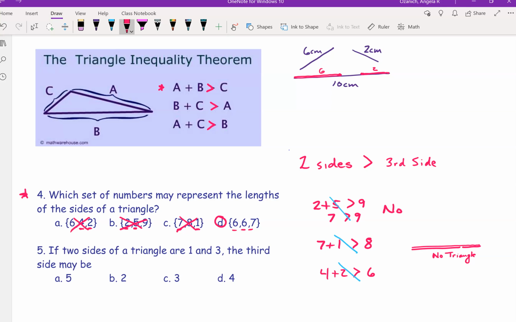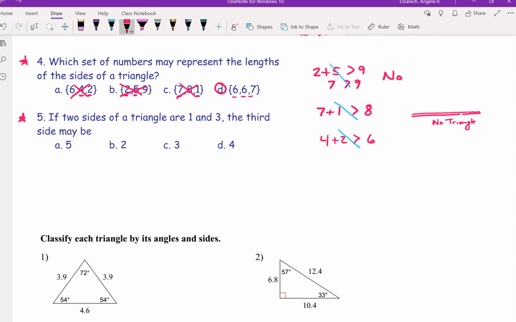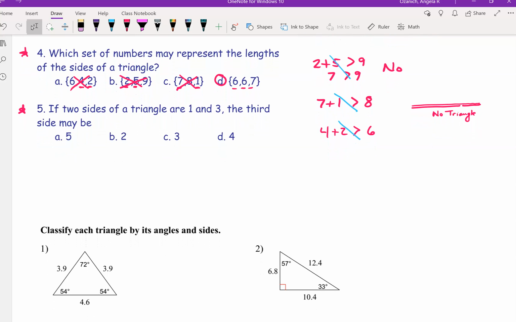Now, here's an interesting question. I really like this question. This forces us to do a bit of analysis of what the possibilities might be. If two sides of a triangle are 1 and 3, the third side may be dot, dot, dot, so we're picking from one of these. This is how you find the range of values for the third side.